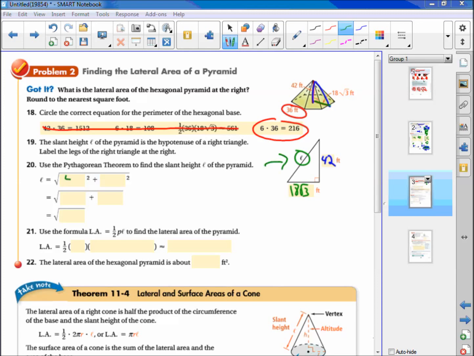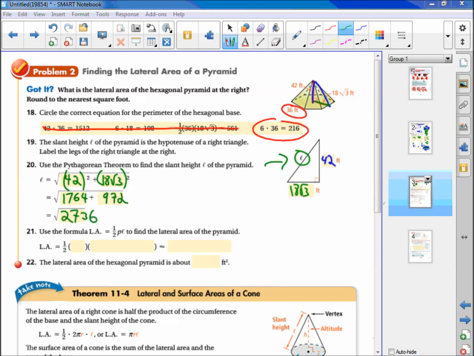So this is going to be 42 squared plus 18√3 squared. So 42 squared will be 1,764, and 18√3 squared will be 972. And if we add those up, we'll find the slant height is the square root of 2736.